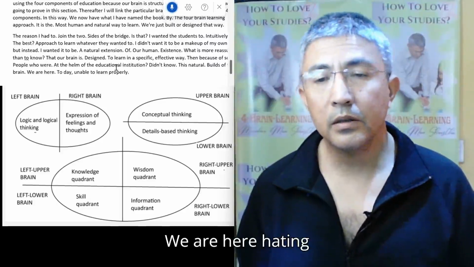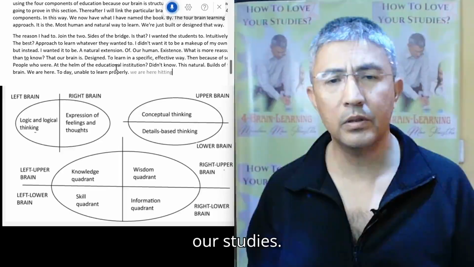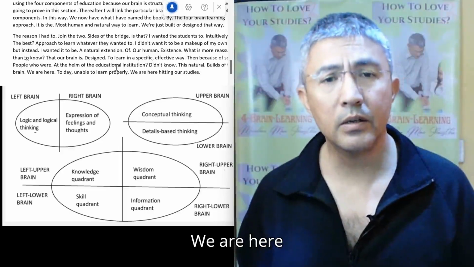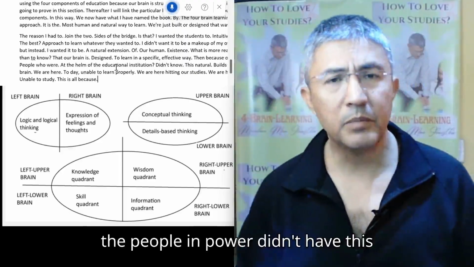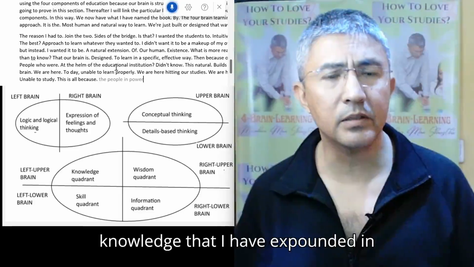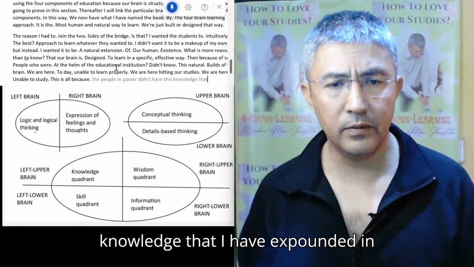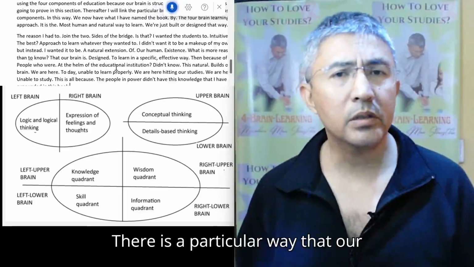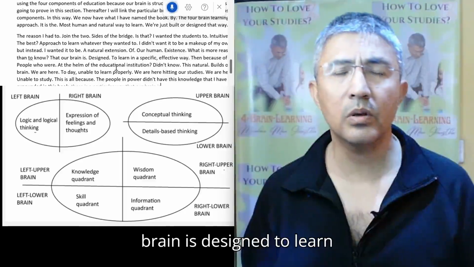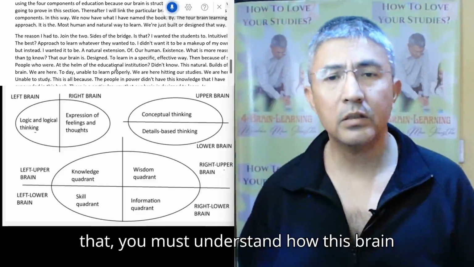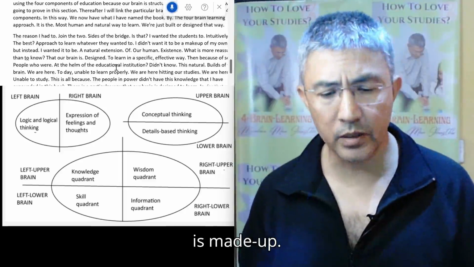We are here hating our studies. We are here unable to study. This is all because the people in power didn't have this knowledge that I have expounded in this book. There is a particular way that our brain is designed to learn. For that, you must understand how this brain is made up.